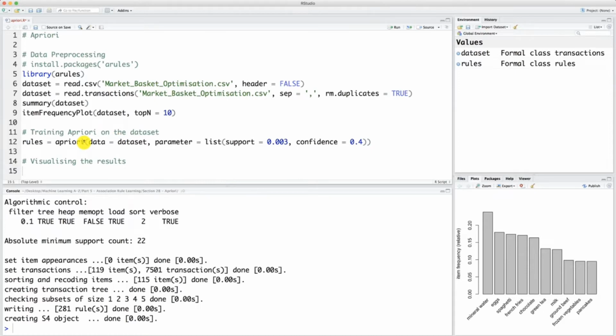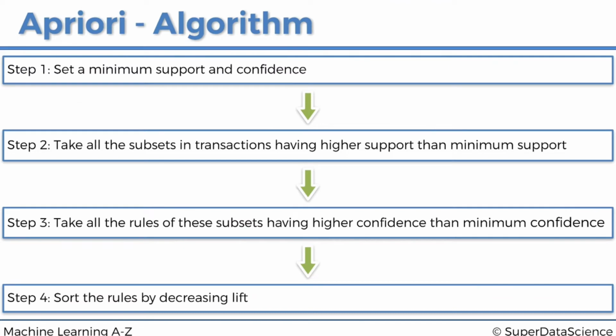The step 3 is to take all the rules of these subsets that have higher confidence than this minimum confidence of 40%. And so again, this was completed when we trained the apriori model on a dataset thanks to this apriori function. Okay, so step 3 done, and now we're finally getting to step 4.